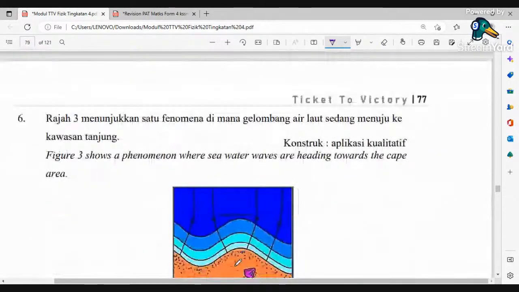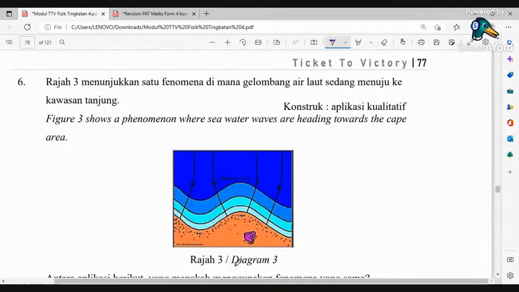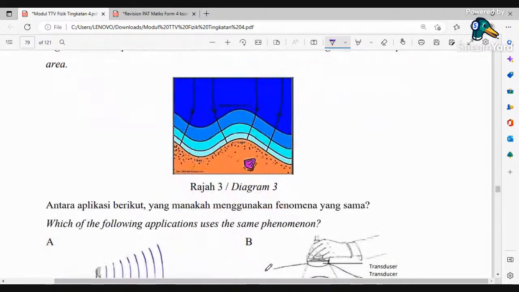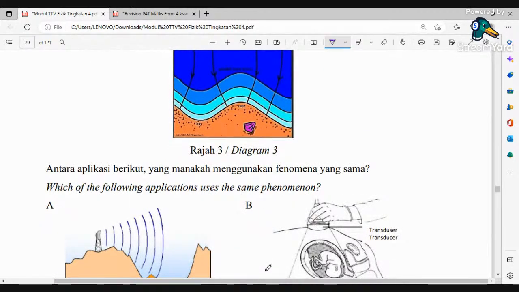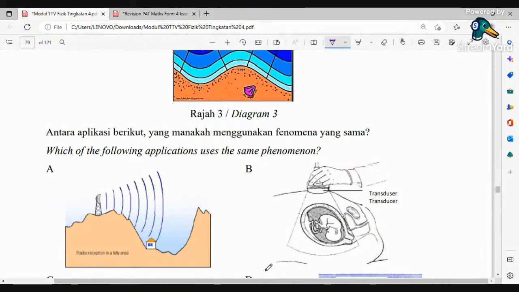Okay, number 6. Figure 3 shows a phenomenon where seawater waves are heading towards the cape area. Which of the following applications uses the same phenomenon?